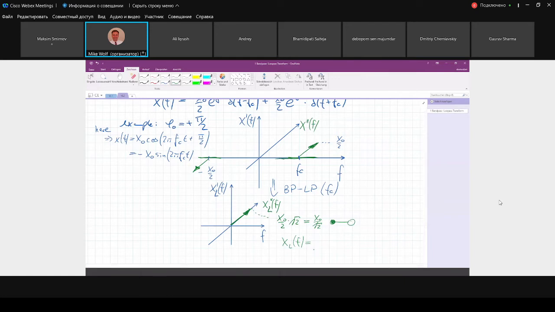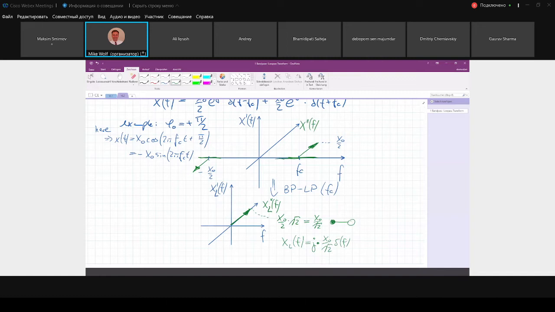So we end up with j times x naught divided by square root of 2 times delta of f. So there is only a direct delta pulse at f equal to 0. There is now our spectral component at the frequency 0, and the amplitude is x naught by square root of 2 times j.